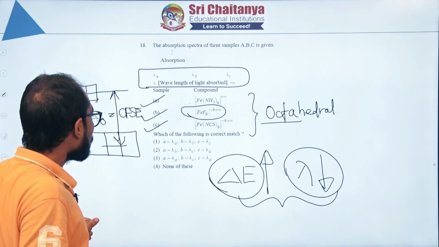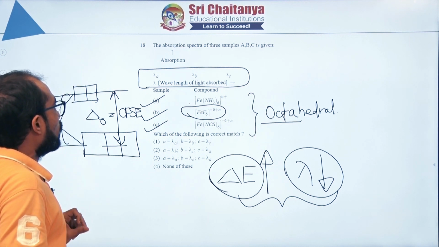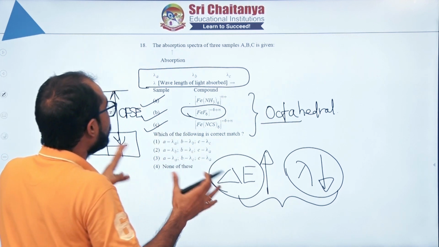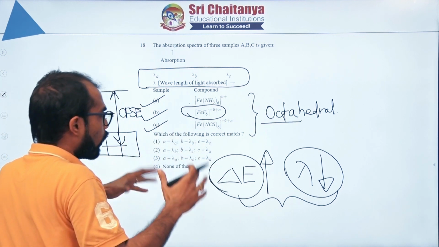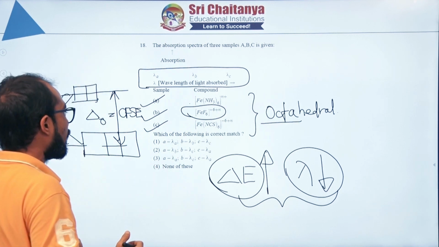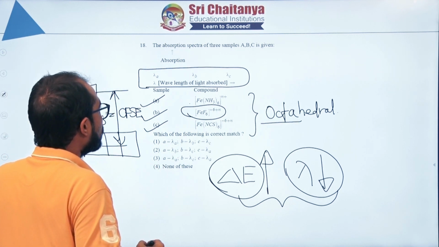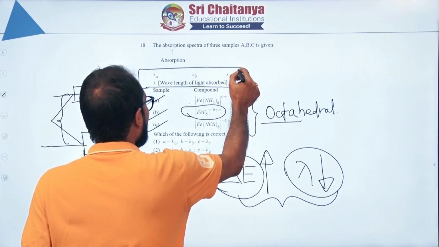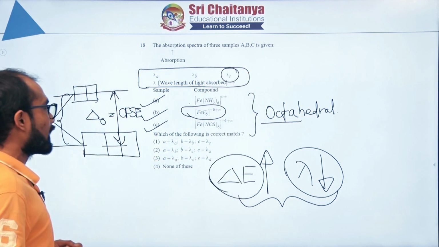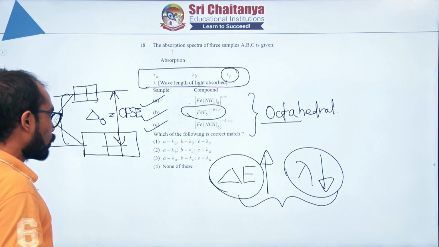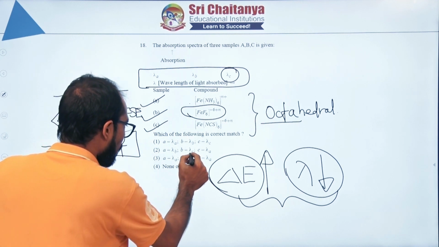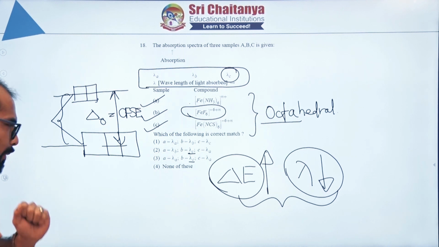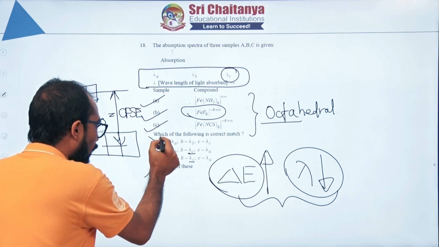The largest lambda is C, so it should match with B. Lambda C is matching with B. So, either 2 or 3 is my answer. So, I will reject 4 and 1.